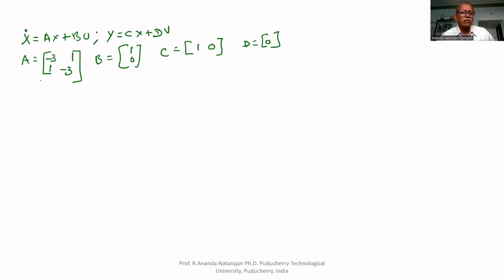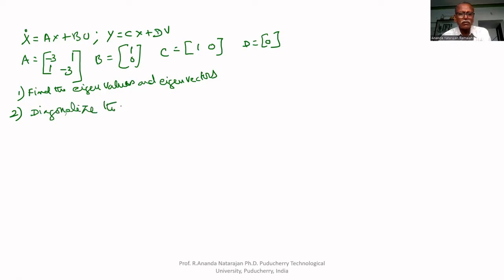This is given. The first step is to find the eigenvalues and eigenvectors. The second step is to diagonalize the A matrix. These are the two parts of this question.